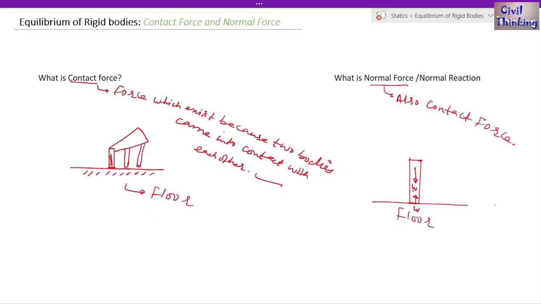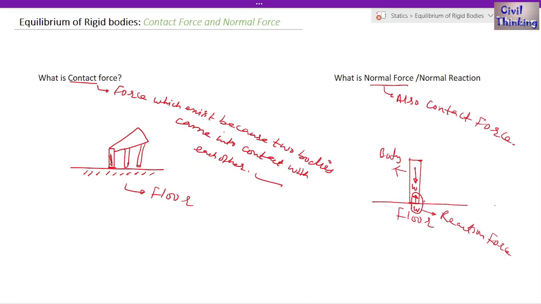The applied force is W, so the reaction against it is W but opposite to this. If this body was not in contact with the floor, there would have been no reaction force. We call this the reaction force.